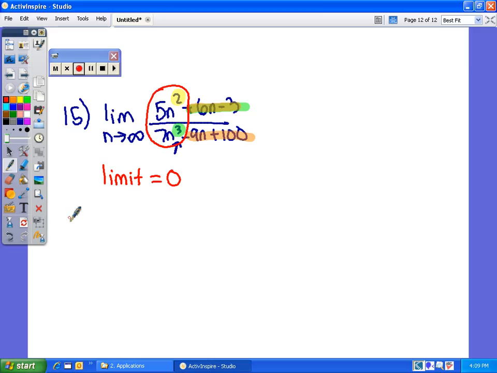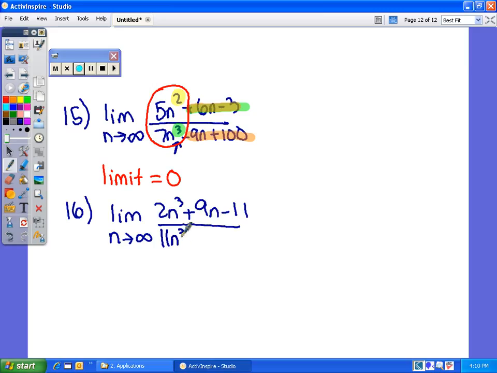Alright, now let's look at 16. Exponent in the denominator, I notice that they're both the same.